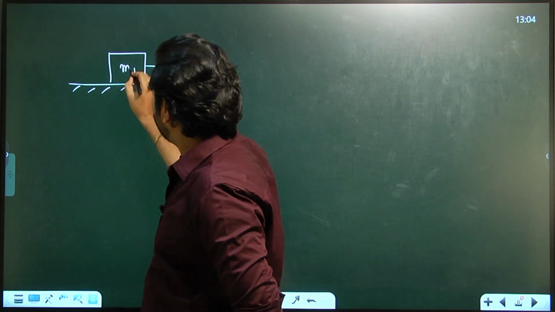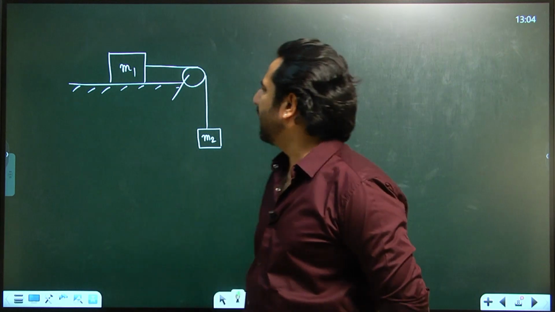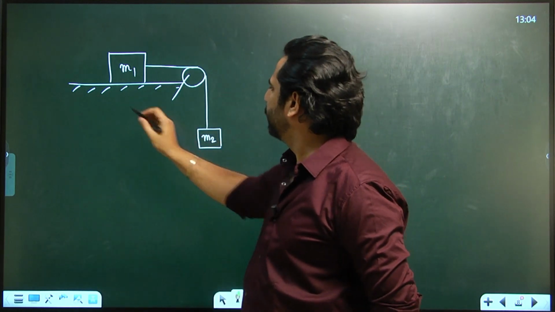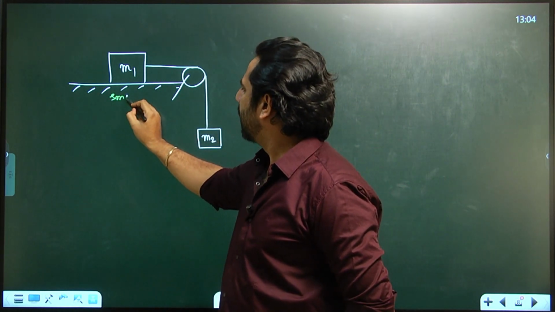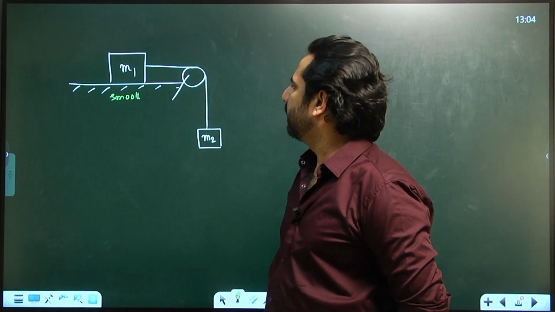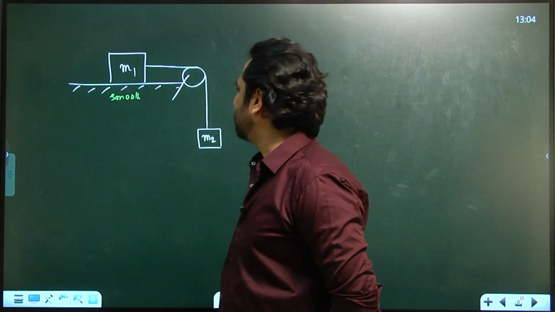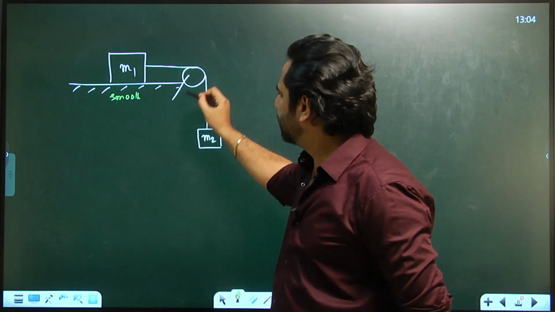Now I am drawing the free body diagram. The intention of this problem is to find the acceleration of m1 and m2, given that the surfaces are smooth and the pulleys and the strings are ideal: light and inextensible strings, frictionless and massless pulleys. So this is a fixed pulley.